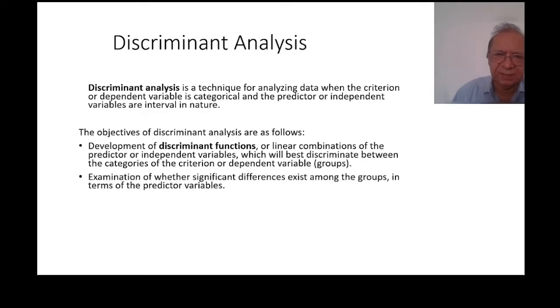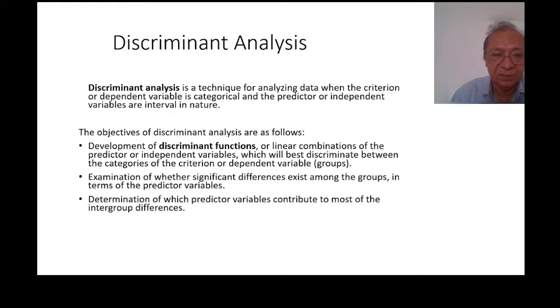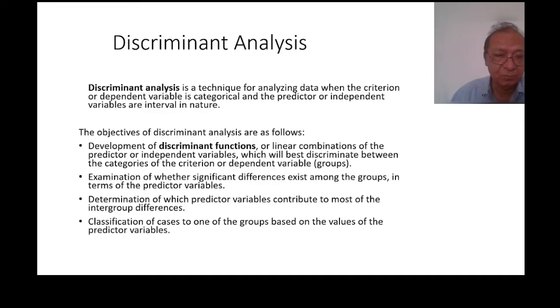Examination of whether significant differences exist among the groups in terms of predictor variables. Determination of which predictor variables contribute to most of the intergroup differences. Classification of cases to one of the groups based on the values of the predictor variables.